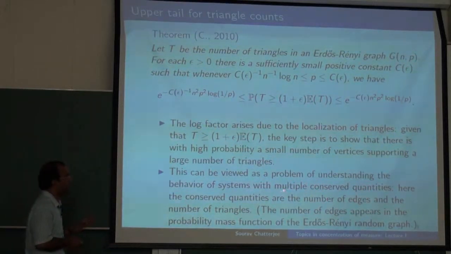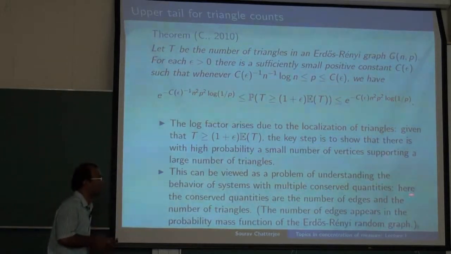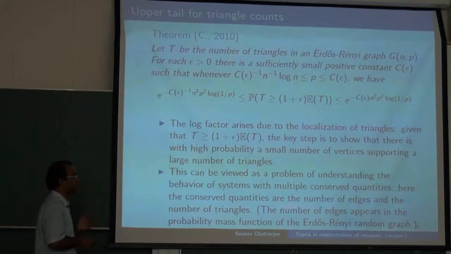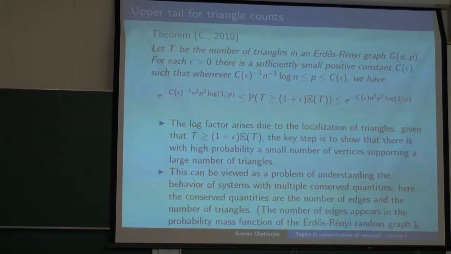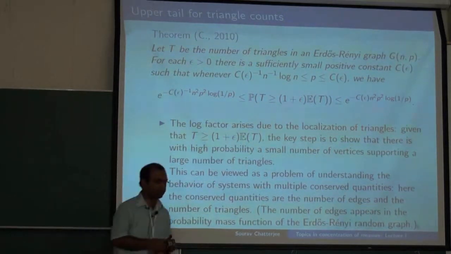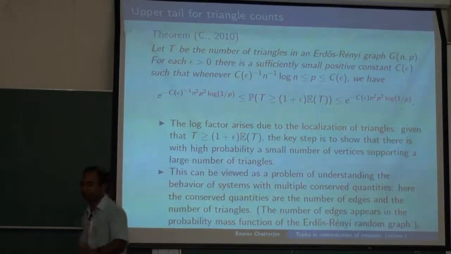The reason why you have this is that, again, you can analyze it as a system with multiple conserved quantities. Here, these conserved quantities are the number of edges and the number of triangles. The number of triangles is already there, and the edges appear because they appear in the probability mass function of the Erdős-Rényi random graph. The probability mass function of the graph is some function of the number of edges.